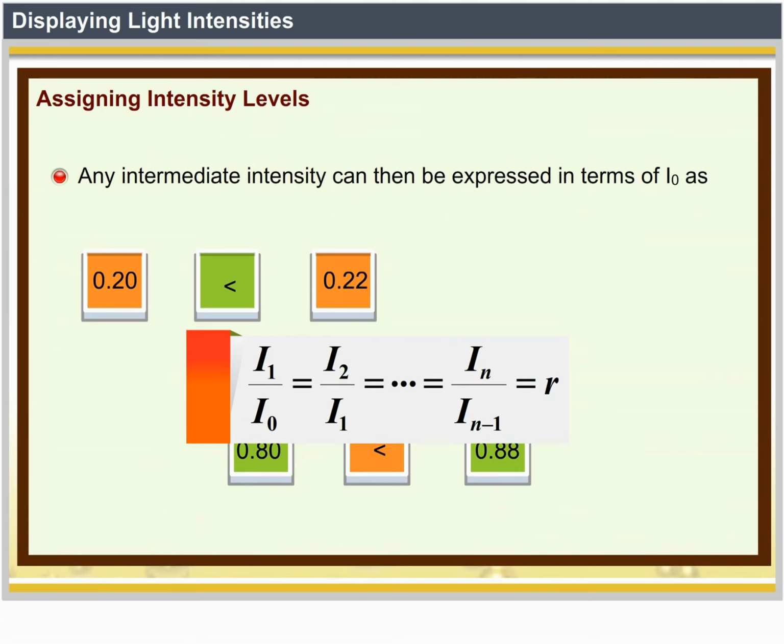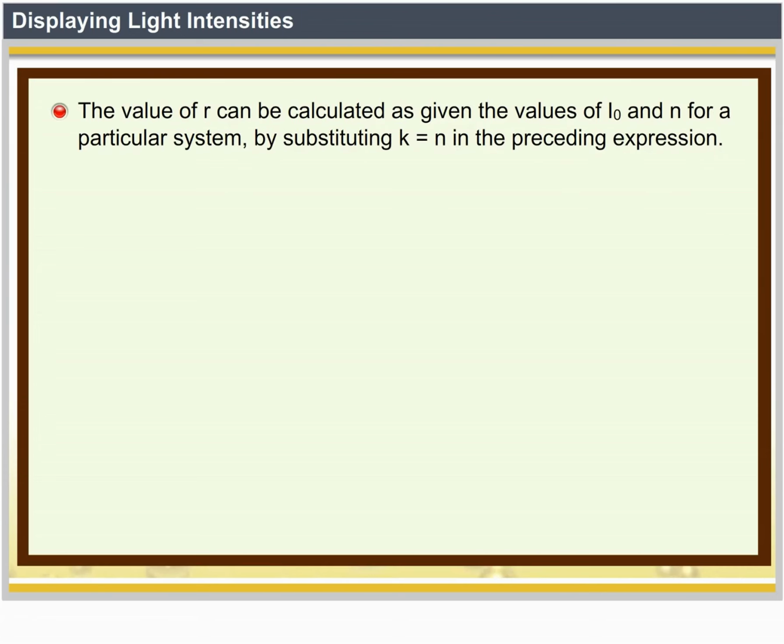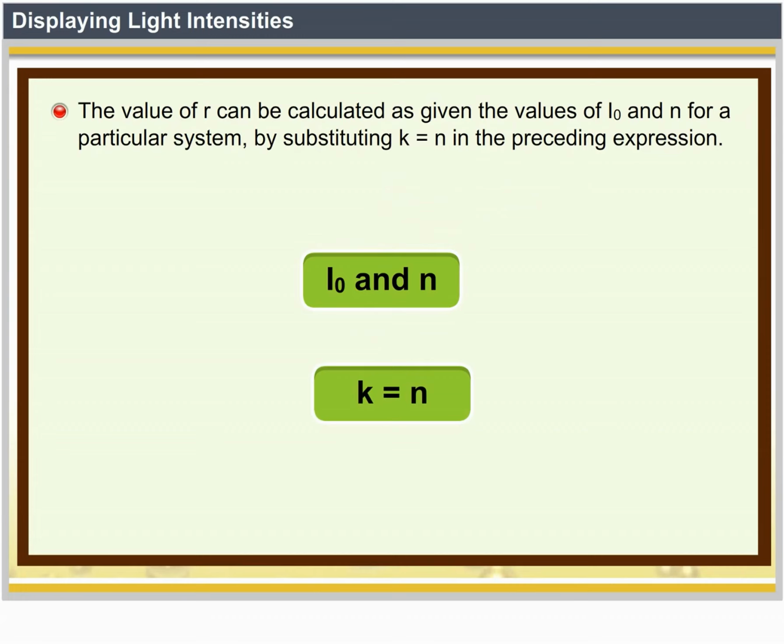Any intermediate intensity can then be expressed in terms of I0 as Ik equals R to the power of k times I0. We can calculate the value of R given the values of I0 and n for a particular system by substituting k equals n in the preceding expression.